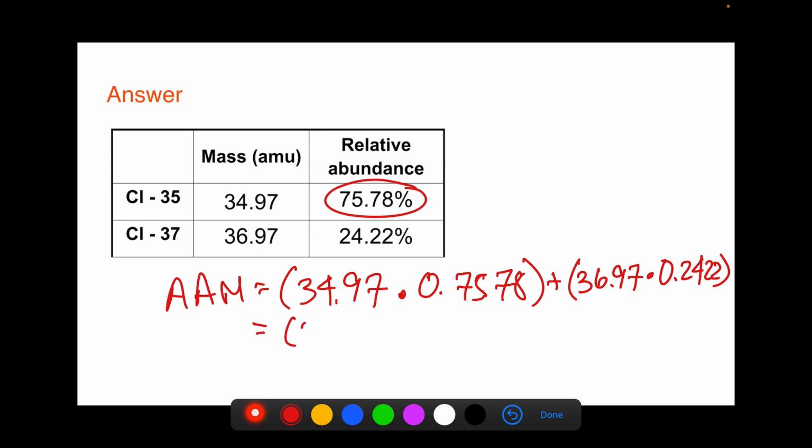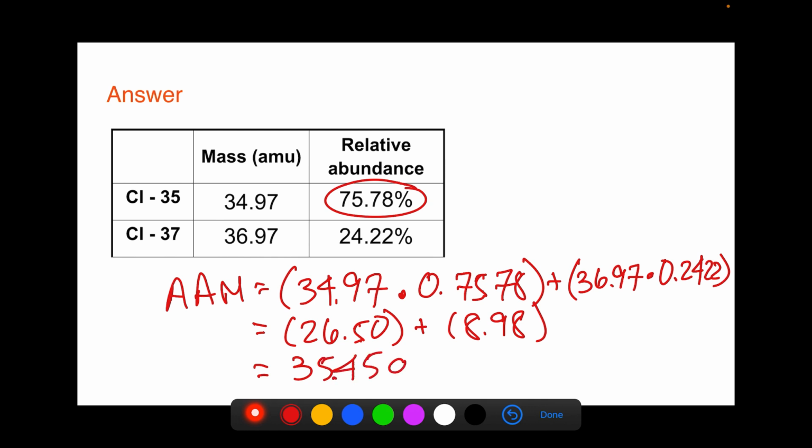Simplify this, and you should get 26.5 for this first term, plus 8.98 for the second term. Add those together, and you get 35.45 grams, or 35.45 AMUs.